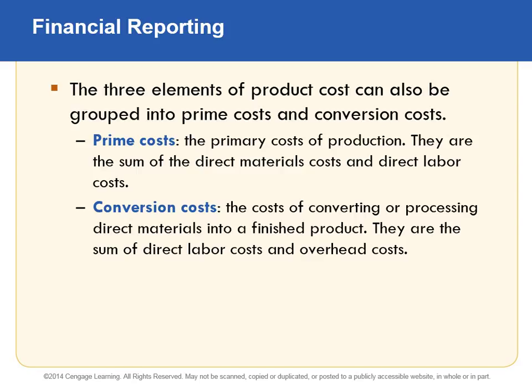Prime costs are your direct material and direct labor. Conversion costs are your direct labor and overhead. Conversion, the cost of converting or processing direct materials into finished goods, is the sum of direct labor and overhead. Okay? The prime are direct material and direct labor.